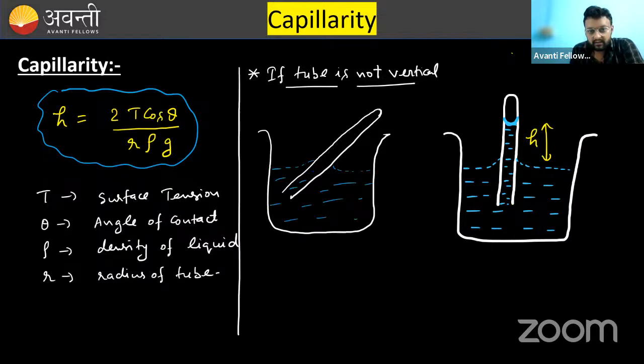So one thing, liquid will rise in it. That's for sure because the angle of contact is less than 90. Another most important thing, this H in this relation is vertical height.